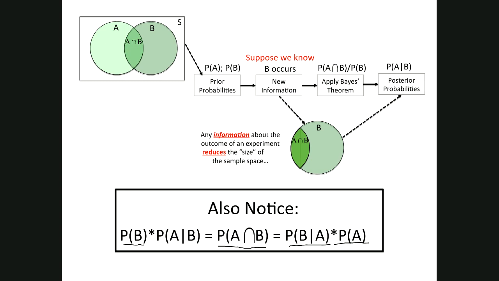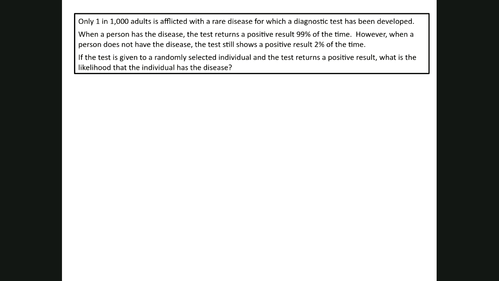So let's look at an example next, and this is kind of relevant to what's going on in today's world with COVID. Let's suppose we have a situation where 1 in 1,000 people is affected with a disease for which we have a test. In the cases when the person has the disease, we will get a positive result 99% of the time.